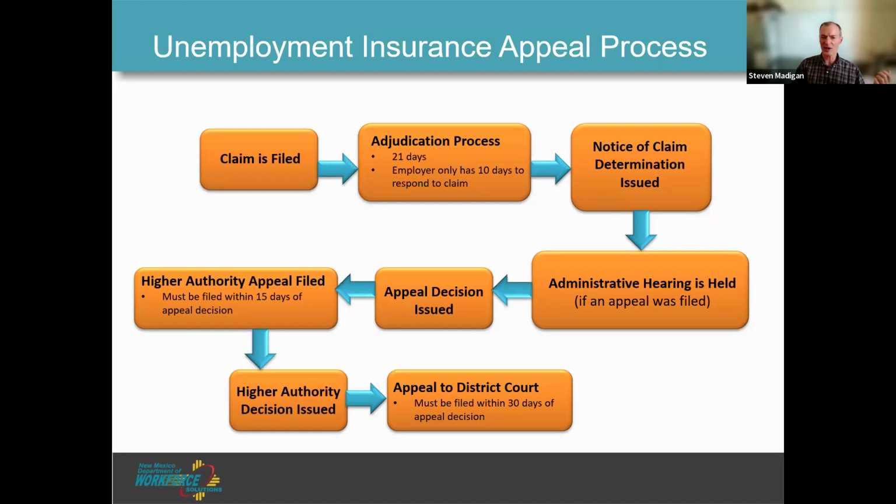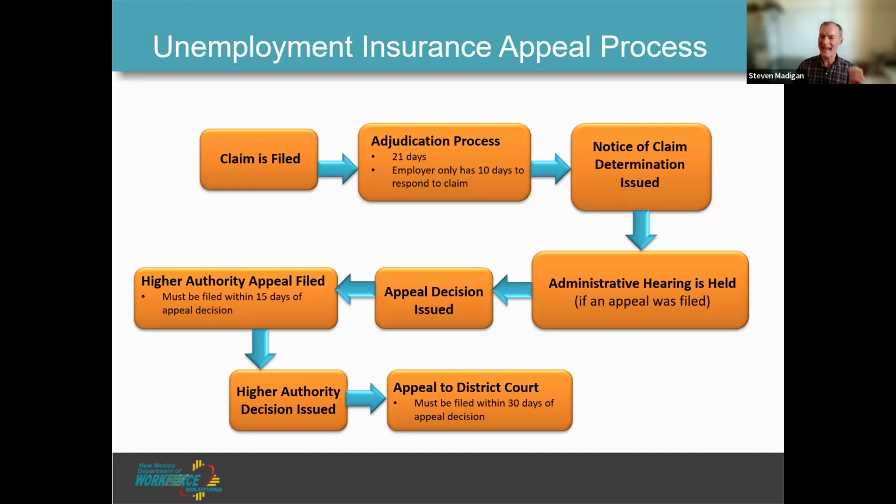When the claimant files their claim, that separation issue and any other issue related to their being able to work go through an adjudication process. Our guidelines are to make determinations on those within 21 days. It can go longer depending on the amount of information we need, the cooperation we're getting from both parties, etc.